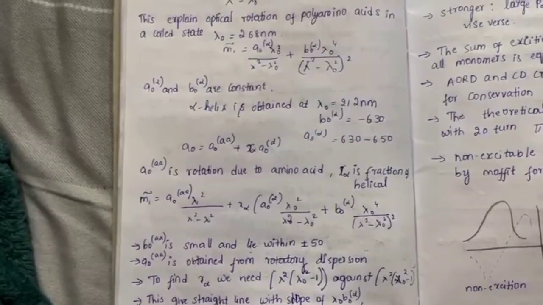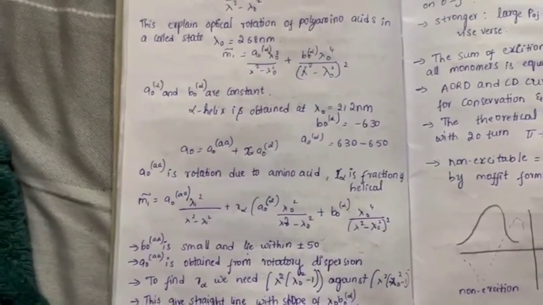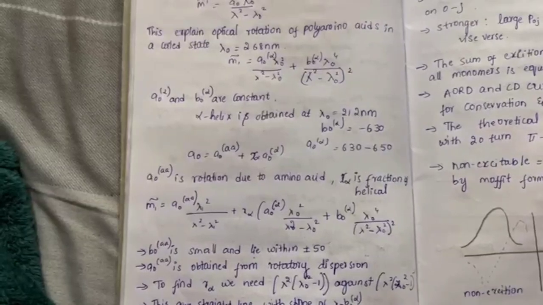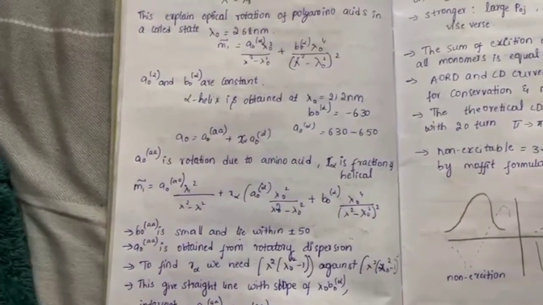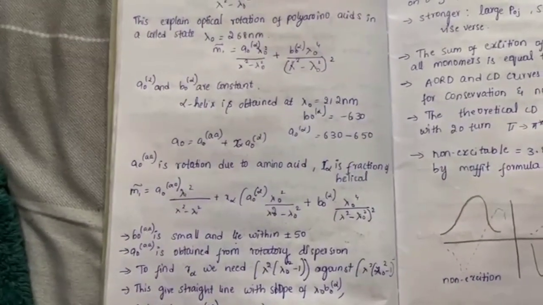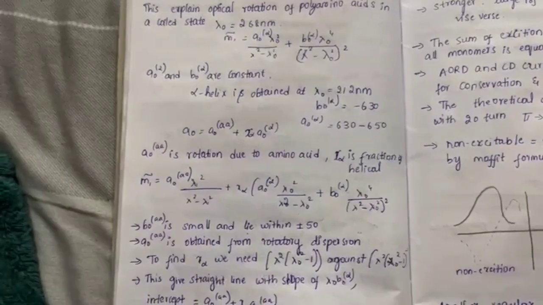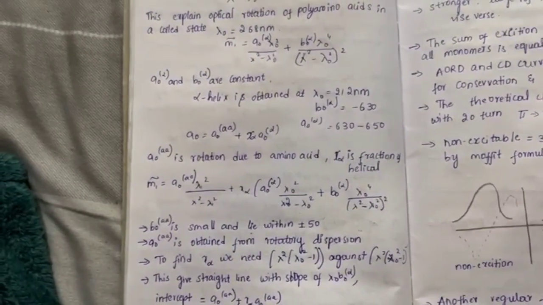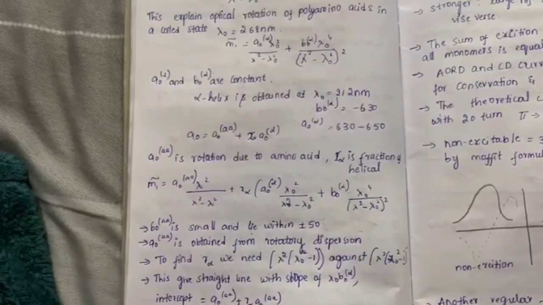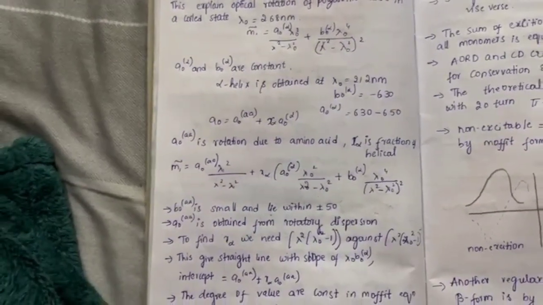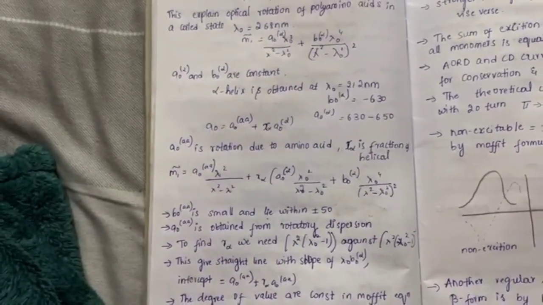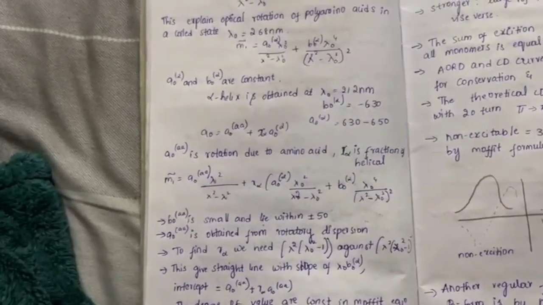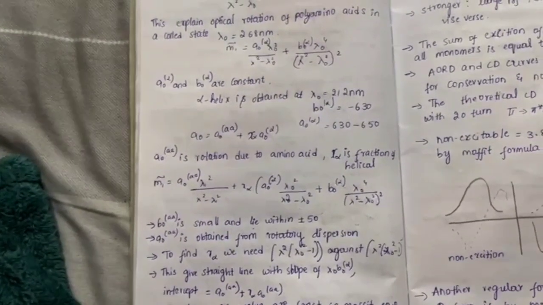To find x alpha, we plot lambda square into lambda naught square minus 1 against lambda square into lambda naught square minus 1 to the power of minus 1. This gives a straight line with slope lambda naught B naught alpha. The intercept is equal to A naught a to the power of a plus x alpha A naught a to the power of a.